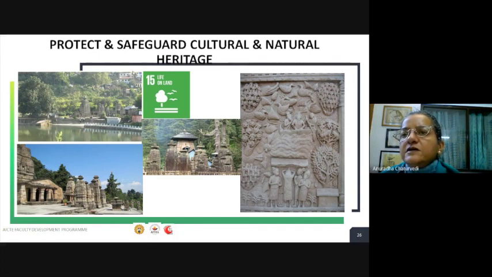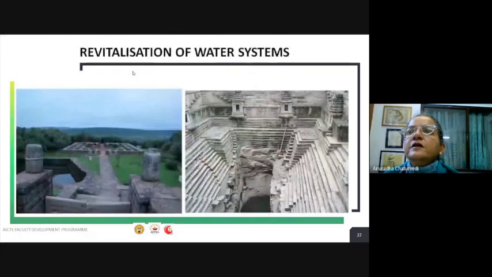These provide ways in which it is possible to integrate our heritage resource management with the sustainable development goals. One very direct way of doing this is in relation to the revitalization of the water systems.